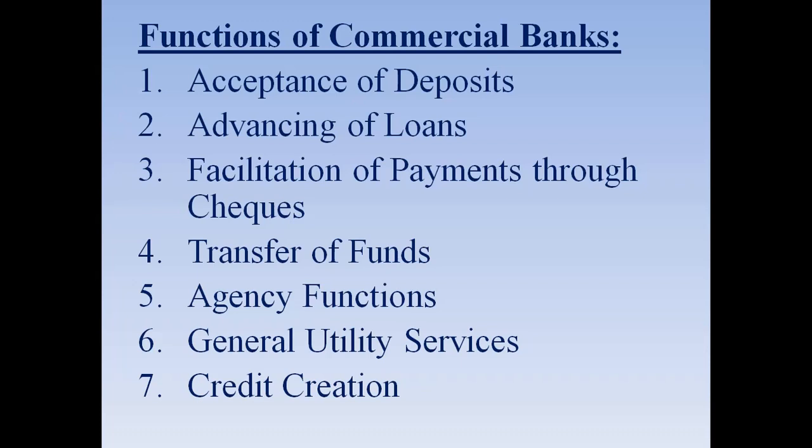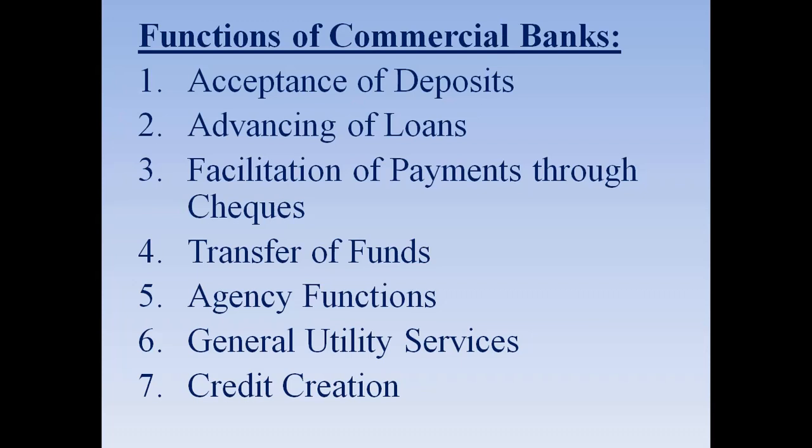Now, agency functions. What do you mean by agency functions? By agency functions, we mean those functions which the bank will do on your behalf. For example, there is a system of auto debit from your account.